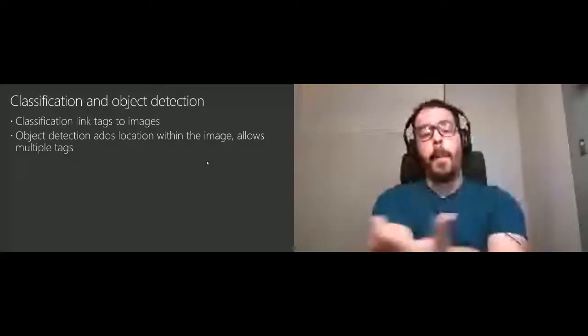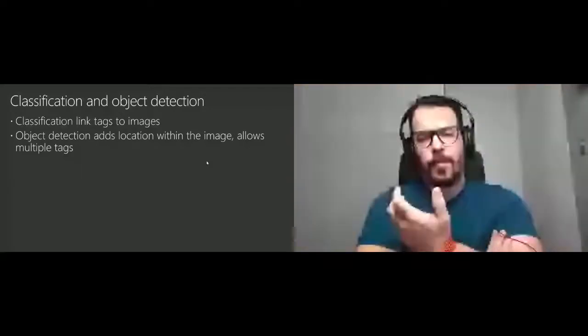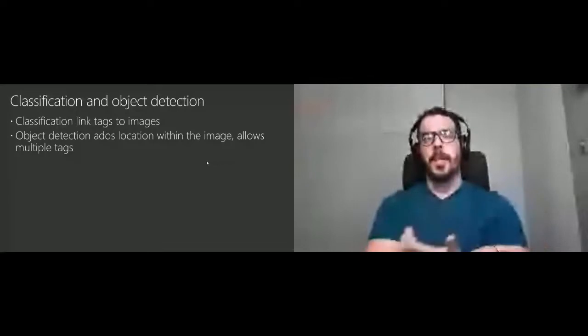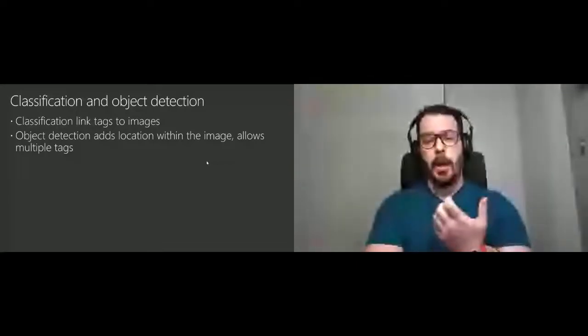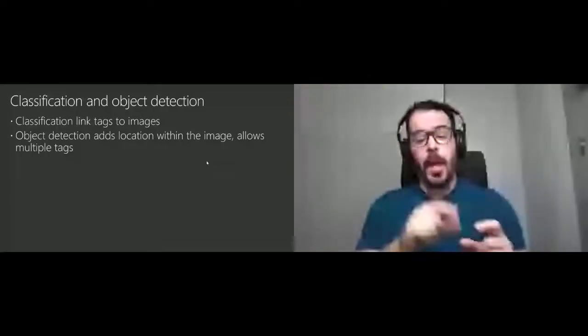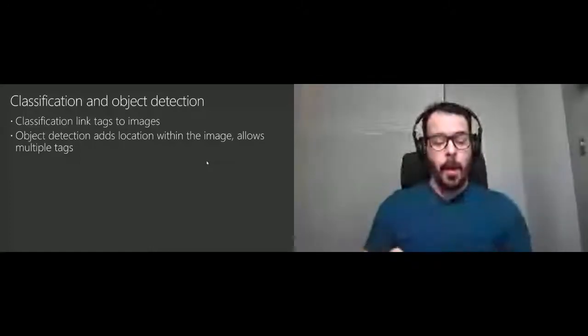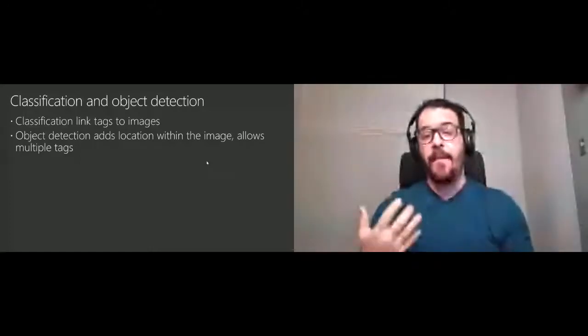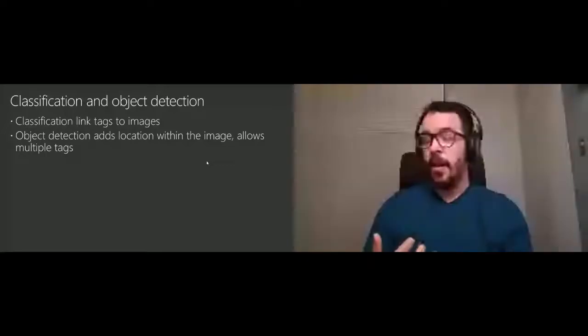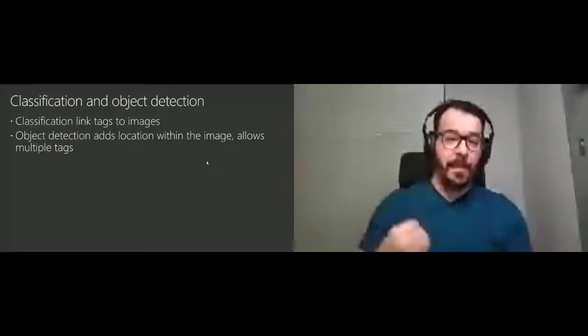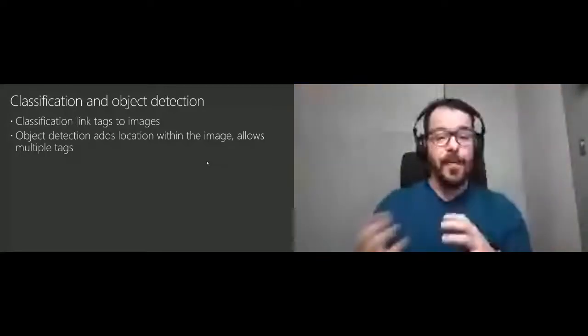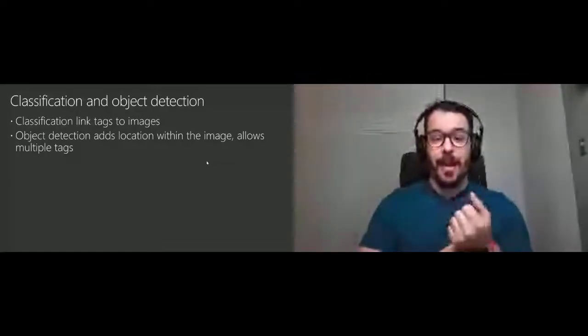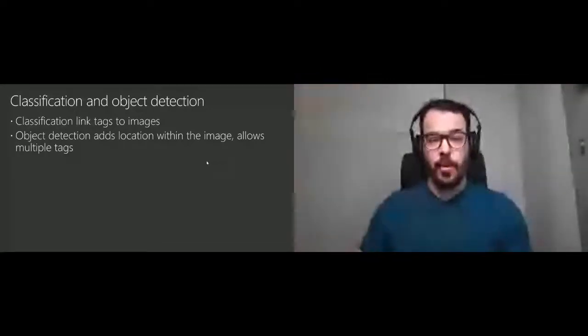Another option is object detection, where you really have to specify the location of the object. You have to draw the little shape. But we don't have time for that, so we're just going to go with classification right off the bat.